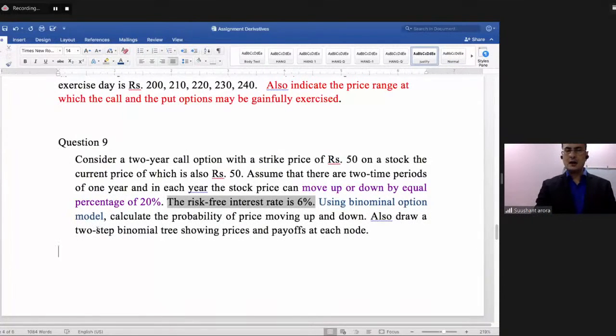Also draw a 2-step binomial tree, showing prices and payoff at each node. Each node. 2-year possibility. Okay?